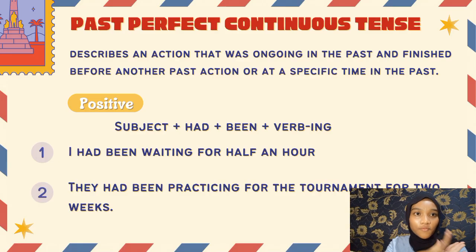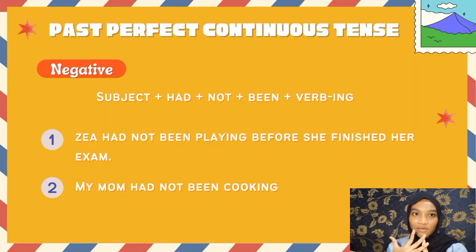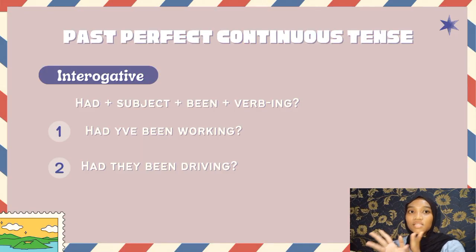For the positive forms, the formula is subject, had, been, and verb ing. For the negative forms, the formula is subject, had, not, been, and verb ing. For the interrogative forms, the formula is had, subject, been, and verb ing.